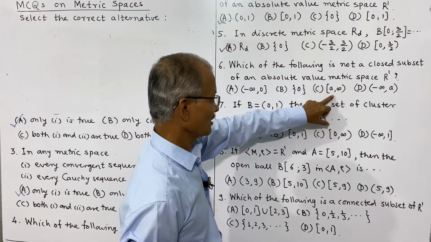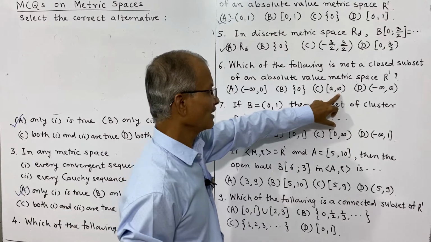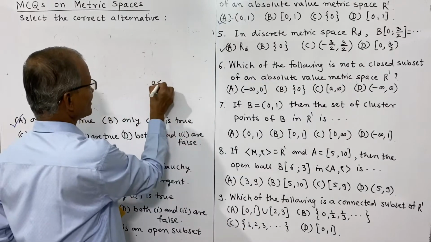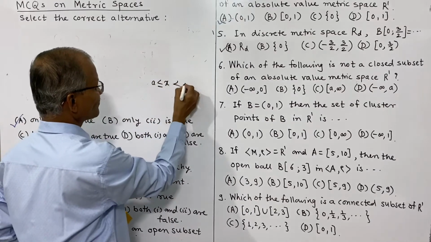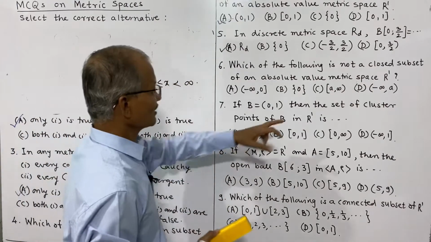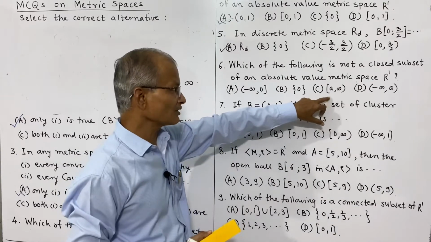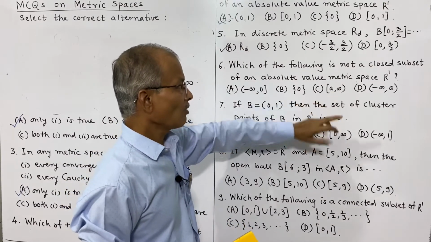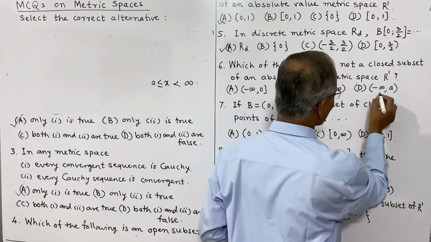A is here, this end is closed, and infinity, that means all real numbers x with a less than or equal to x less than infinity are there in this set, and this set also contains all its limit points, therefore it is closed. Only this is not closed.